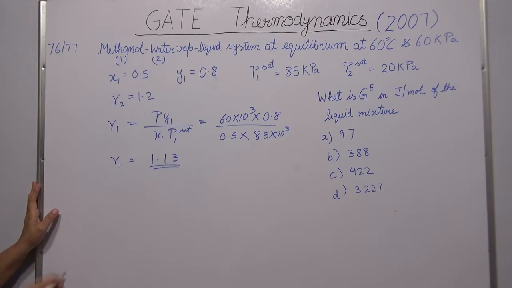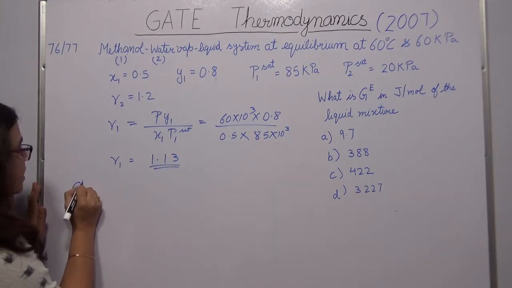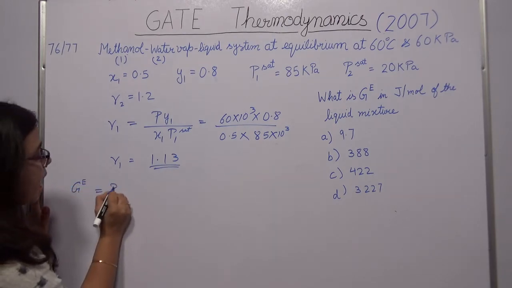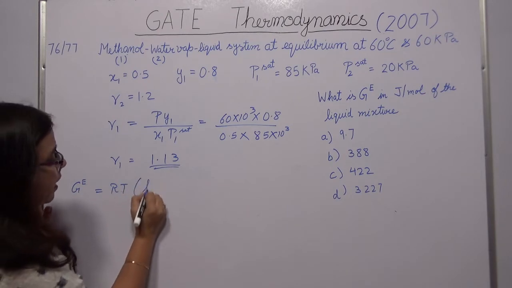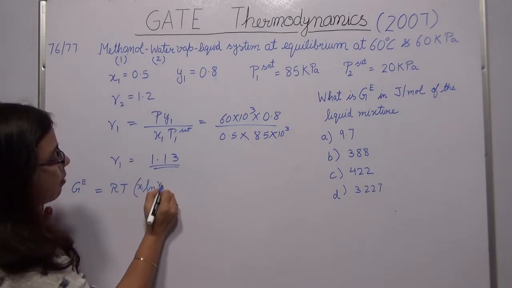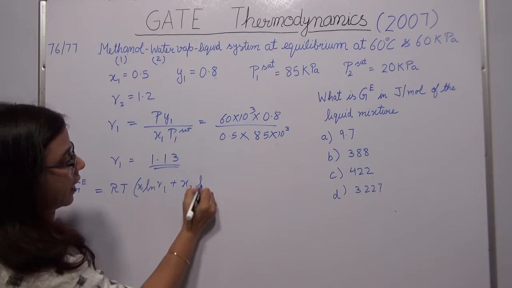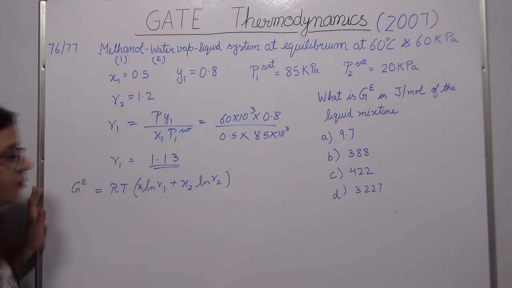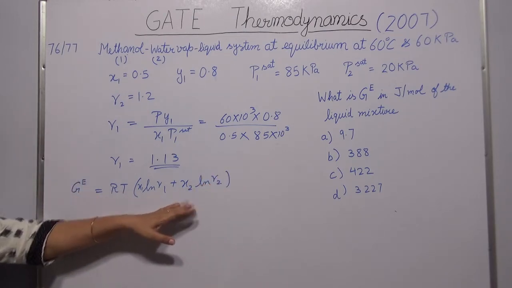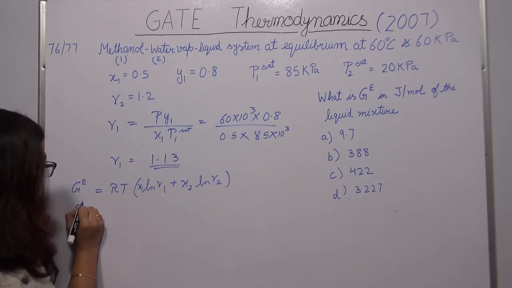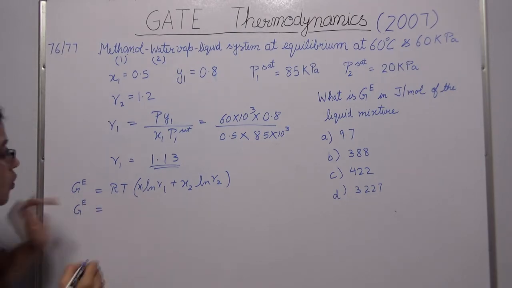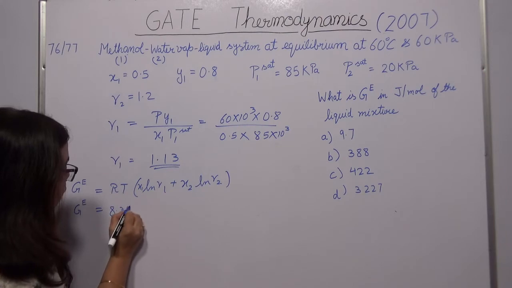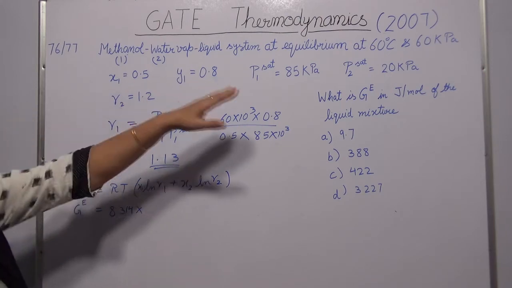Now I will write GE by RT. I will take RT on the other side, multiplied with x1 ln gamma 1 plus x2 ln gamma 2. This is nothing but the rearranged form of the summability relation because I have to find my GE. So R is 8.314. What is temperature T?